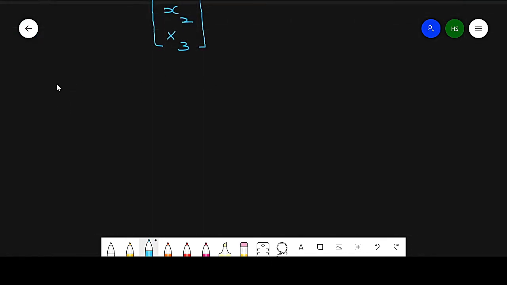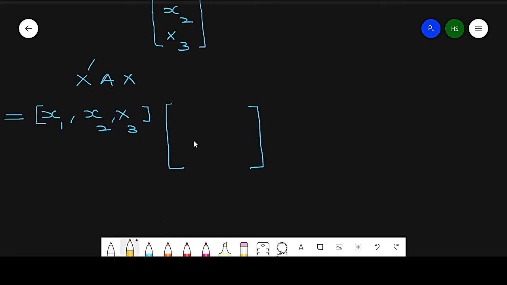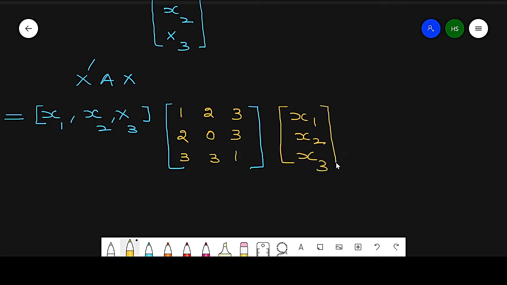Now the quadratic form we can find from the equation X transpose A X. So this is x1, x2, x3, and then the A matrix, which is 1, 2, 3, 2, 0, 3, 3, 3 and 1. And here it is again x1, x2, x3.